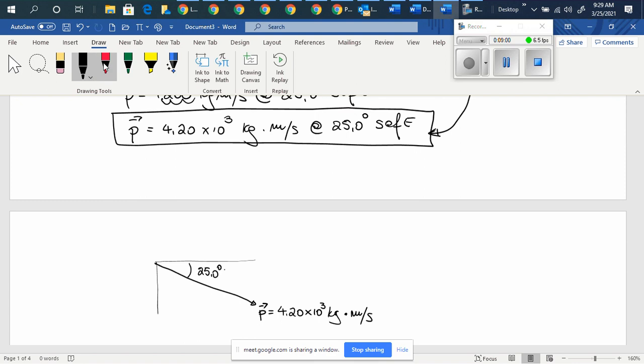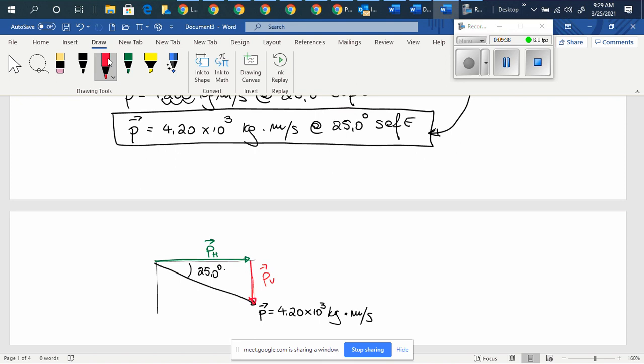So then when we are finding the horizontal component, from the tip of the vector, we are creating a 90-degree angle, or the right angle triangle that includes the given angle. And then this is forming two components. So the horizontal component is whatever is along the horizontal, and the vertical component will be whatever is along the vertical.